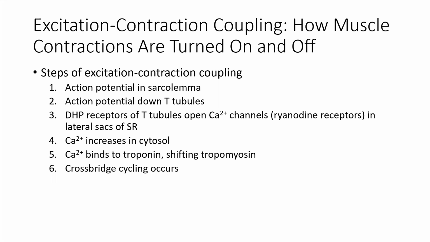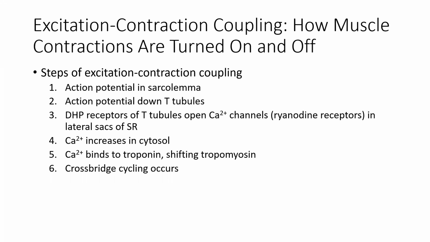Those players are involved in propagating the action potential, and how calcium becomes the result of the action potential as it travels throughout the muscle. So when that whole communication of signals happens, the calcium is released from the sarcoplasmic reticulum, where it's being stored, into the cytosol or the sarcoplasm, right, same terms.